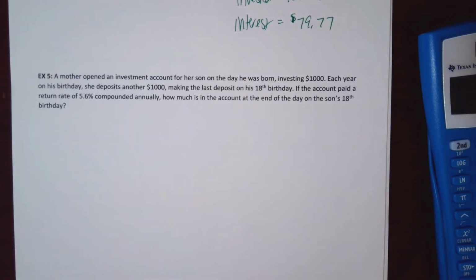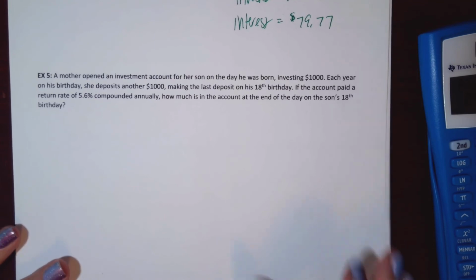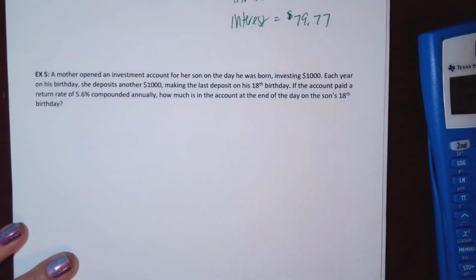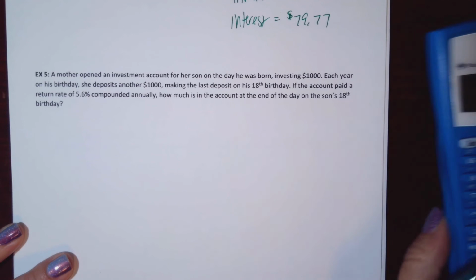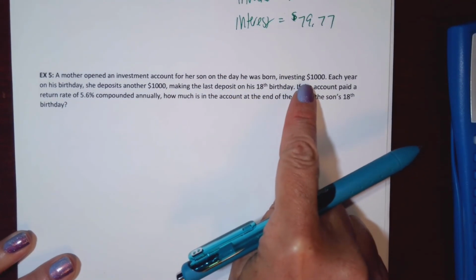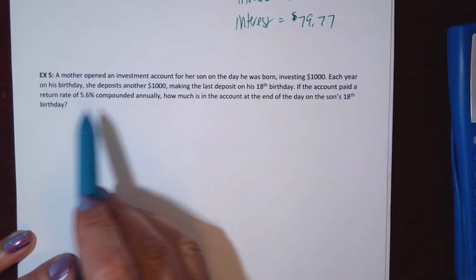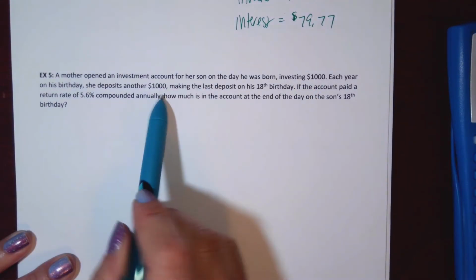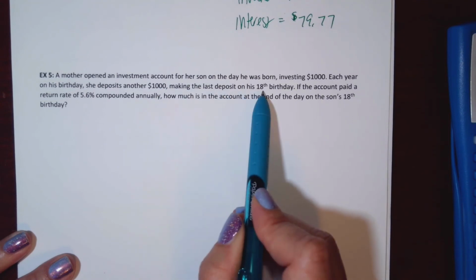Okay. Now this next one I had to work on a little bit to make sure that I got it right. This one is an annuity due. A mother opened an investment account for her son on the day he was born, investing $1,000. So payment up front at the beginning. Each year on his birthday, she deposits another $1,000, making the last deposit on his 18th birthday.